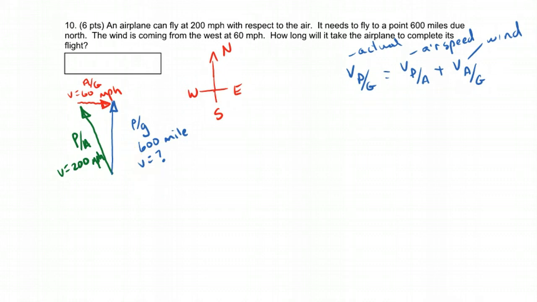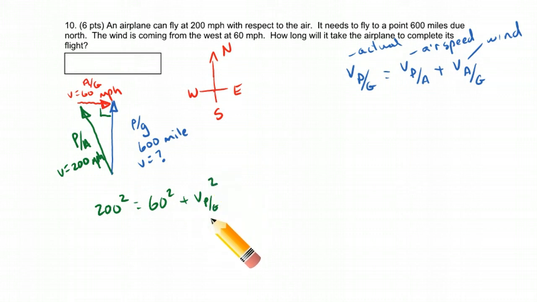So the trig in this particular problem is pretty easy because we have a vertical and a horizontal part of our triangle here, and so we can use the Pythagorean theorem. The 200 is actually the hypotenuse, and this is a right angle in here, so we know that 200 squared is equal to 60 squared plus the velocity of the plane with respect to ground squared.